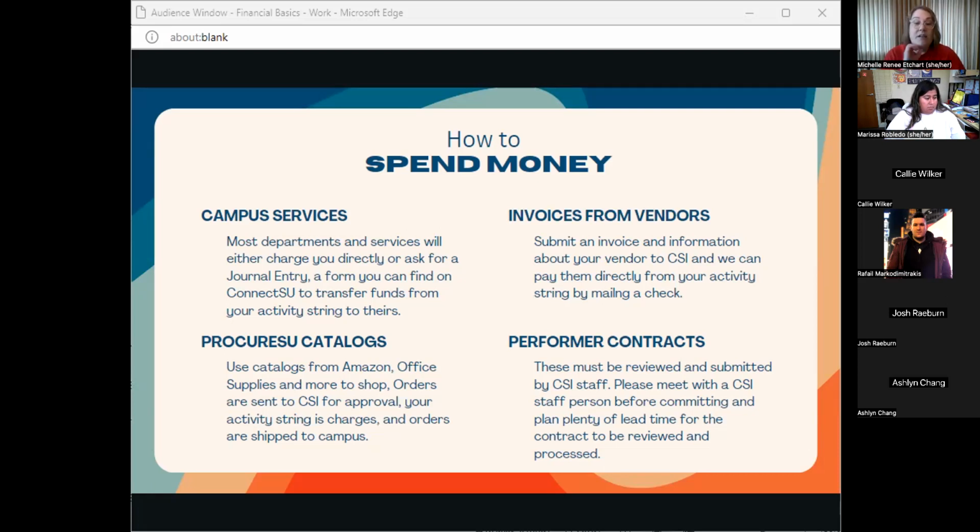Tied to that, contracts. With the contract, please be sure that if you're hiring a performer, it needs to be reviewed and signed by a CSI staff member. No student at the institution can legally obligate the university to any financial commitment. Even though this is your money, we're holding it for you.